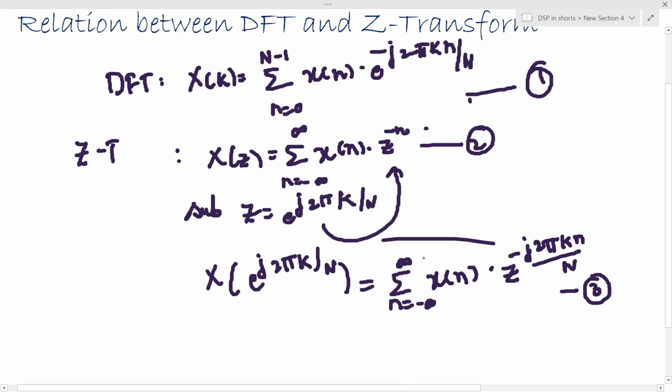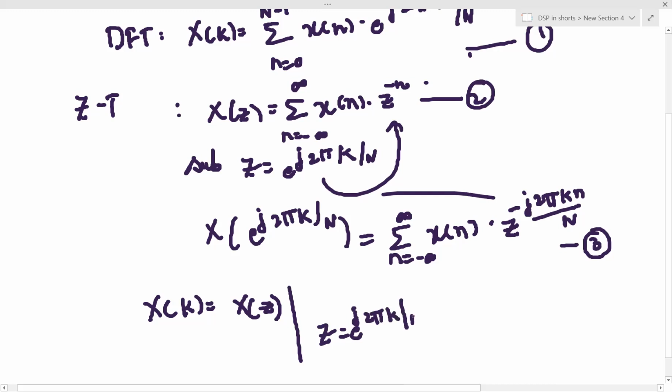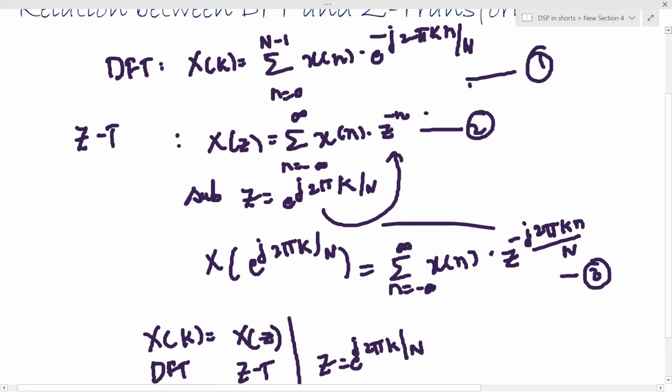So when we compare equations 1 and 3, what you will be getting is X of k will be equal to X of z when we substitute z equal to e raised to j 2 pi k by N. So in this way, we have to find out the relationship between the DFT and the Z transform.